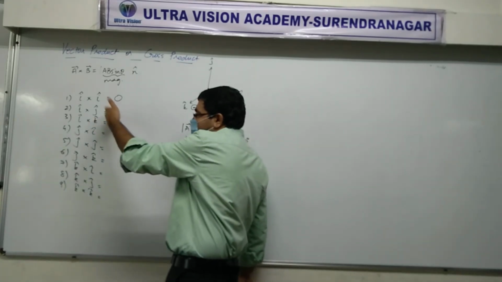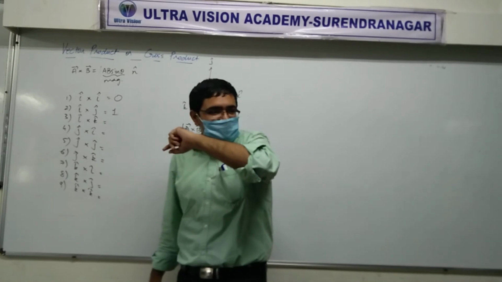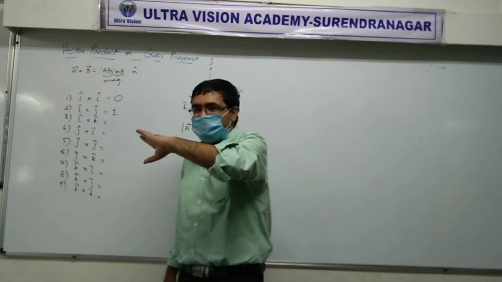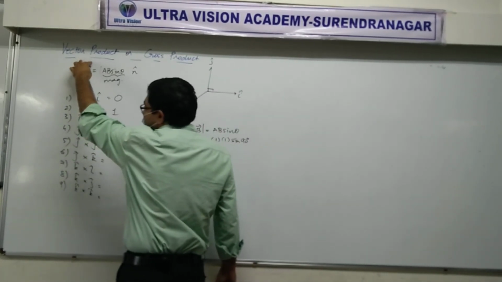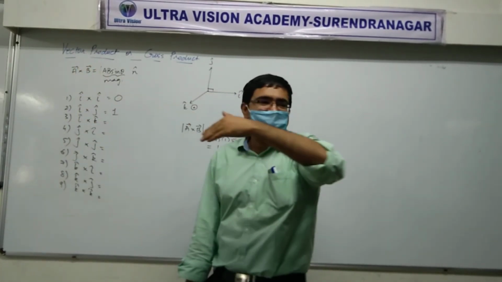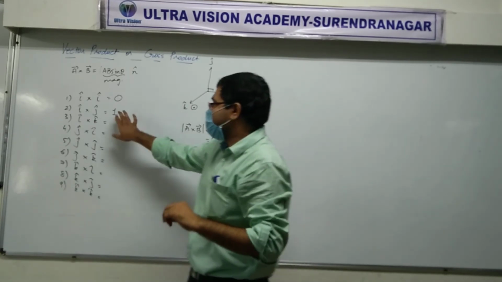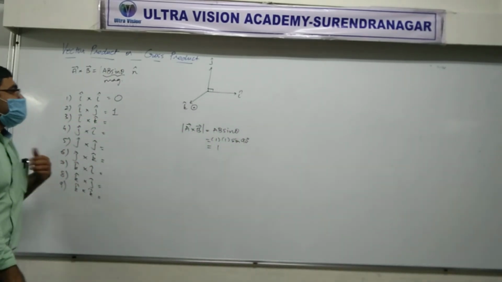Can we write 1 as the answer and leave? Is 1 a vector or not a vector? Confirm, 1 is not a vector. Cross product by definition means vector product, so it should be a vector, it should have a direction. If you just write 1, that is only the magnitude. Now we need to write the direction.